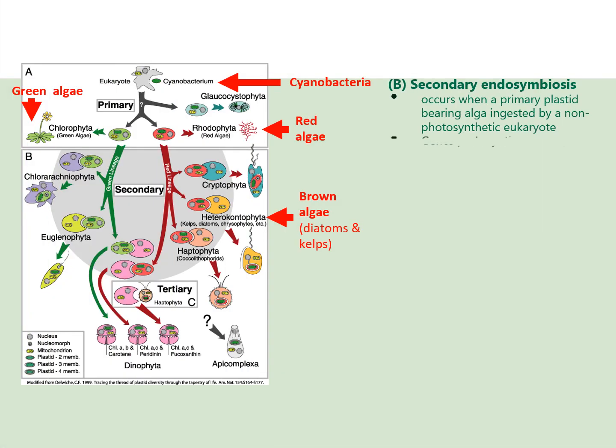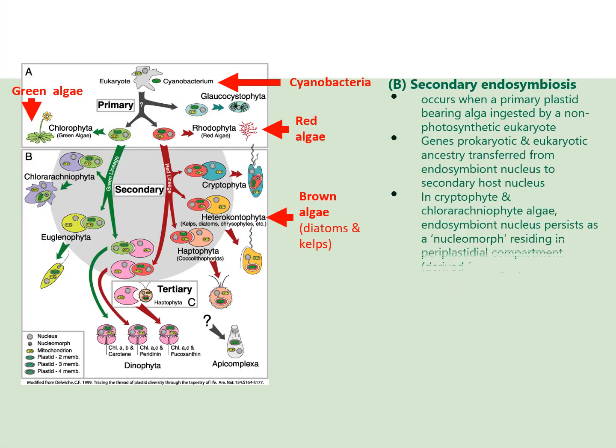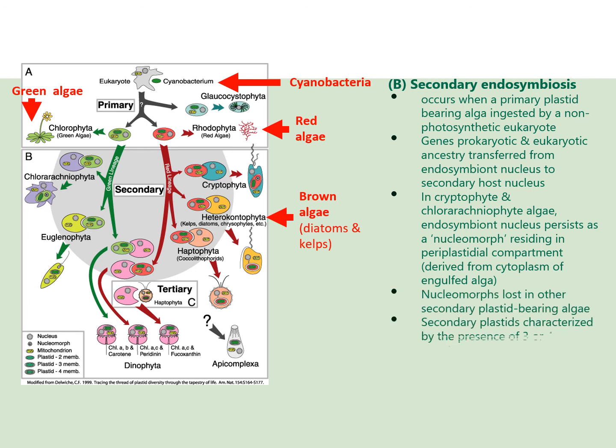Secondary endosymbiosis occurs when a primary plastid-bearing alga is ingested by a non-photosynthetic eukaryote. Genes of both prokaryotic and eukaryotic ancestry are transferred from the endosymbiont nucleus to the secondary host nucleus.